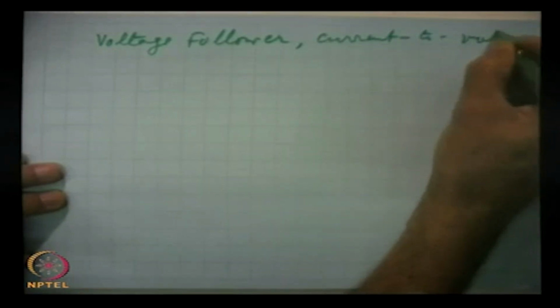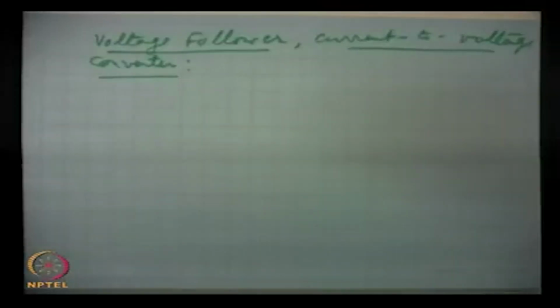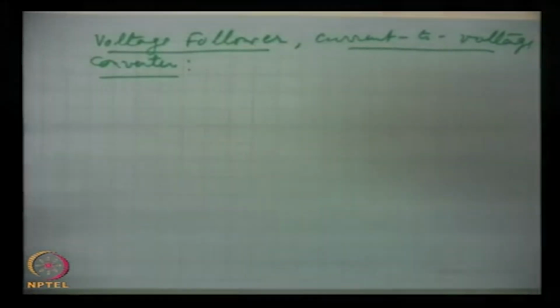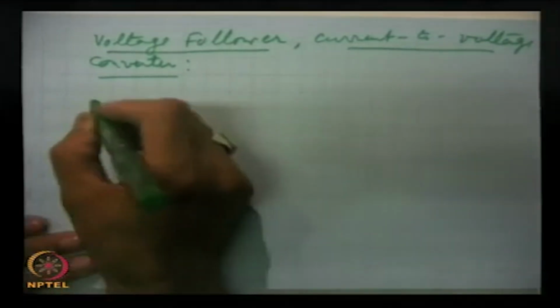Both these amplifiers, voltage follower and current to voltage converter, have a good number of applications and are used. So, let us see how the inverting and non-inverting amplifiers with little modification can give these functions which find wide acceptability in systems. Let us first take the voltage follower.